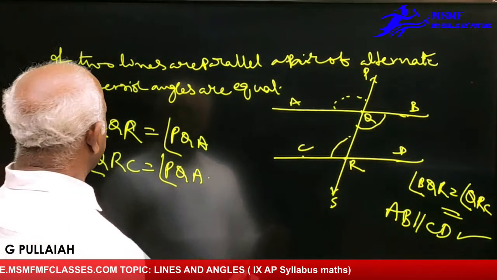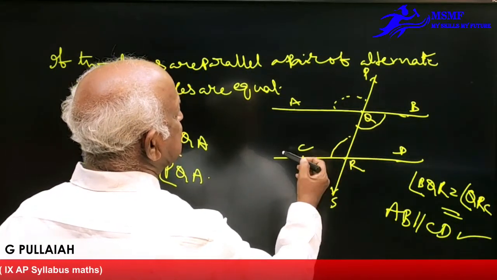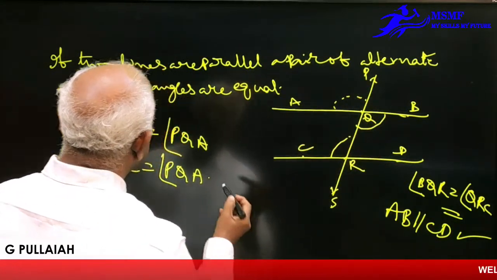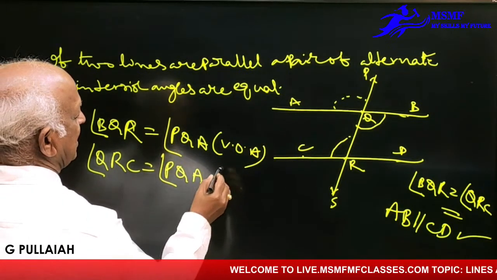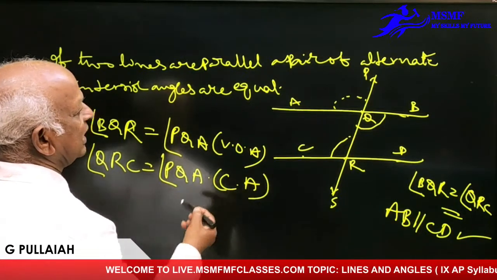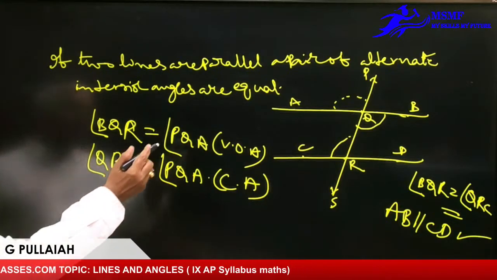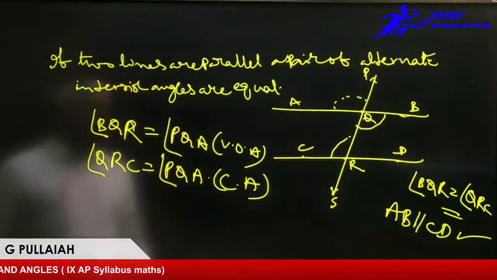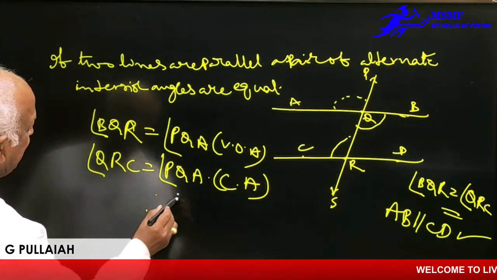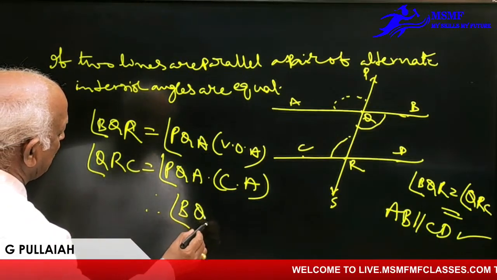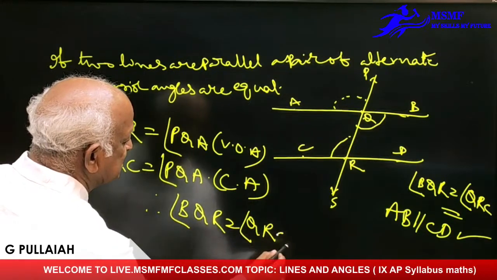Because angle QRC and PQA are the corresponding angles. So here, if you observe very carefully, on the right hand side, the two angles are equal. Therefore, the left hand side angles are also equal. Therefore, you can say angle BQR is equal to angle QRC.